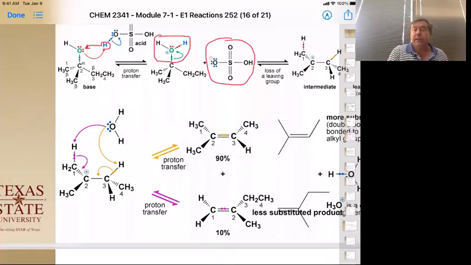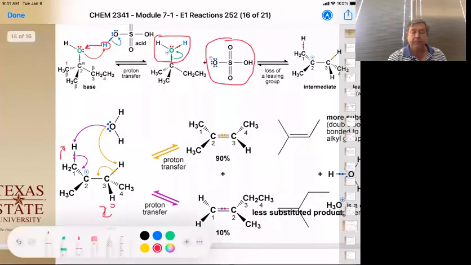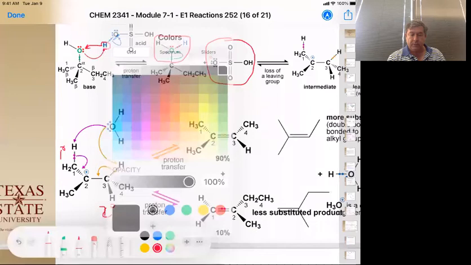And here we have a choice between our beta hydrogen on our primary carbon here, or a beta hydrogen on our secondary carbon here. If we eliminate that beta hydrogen on that secondary carbon, see how these, well, let's see, this, trying to do purple.